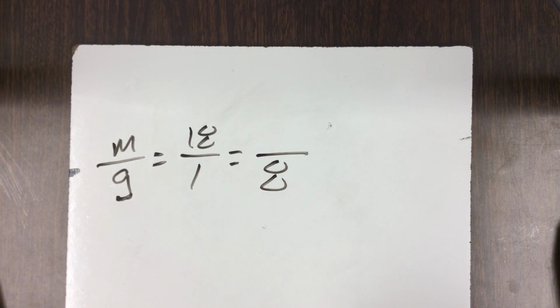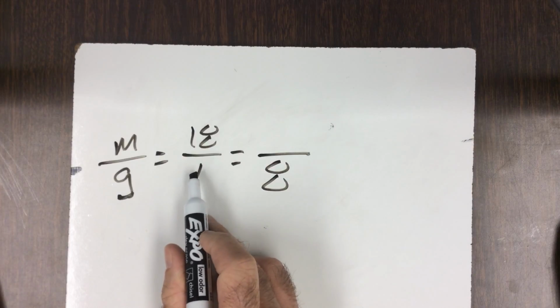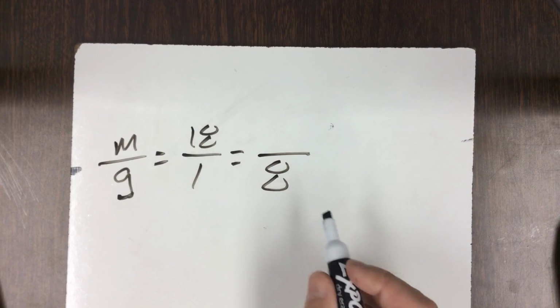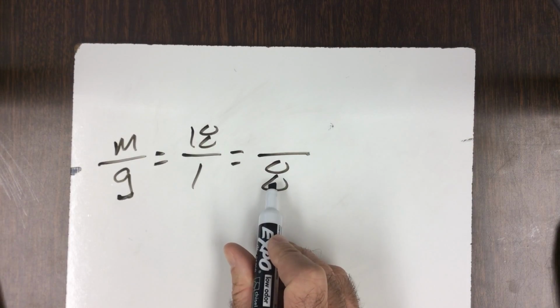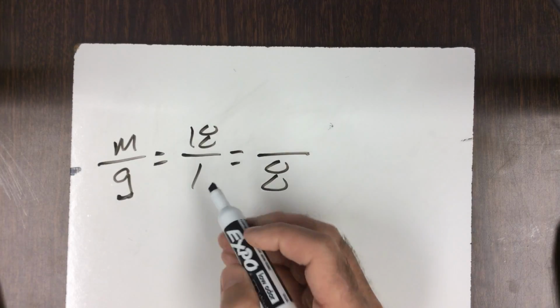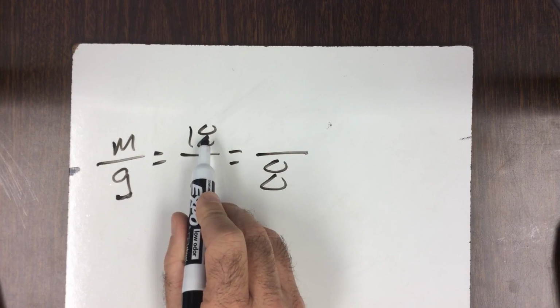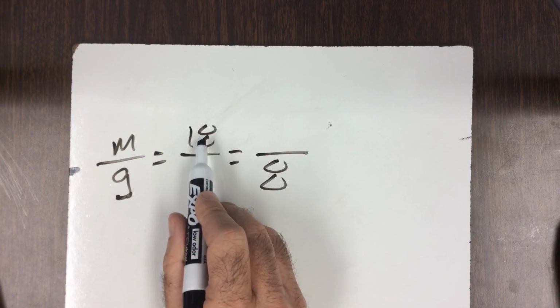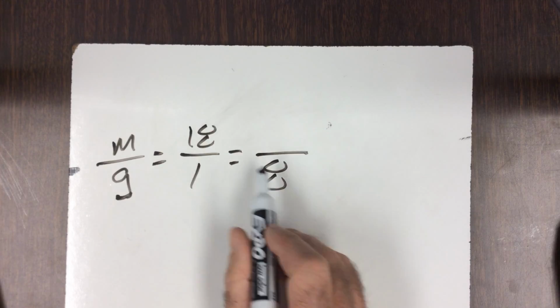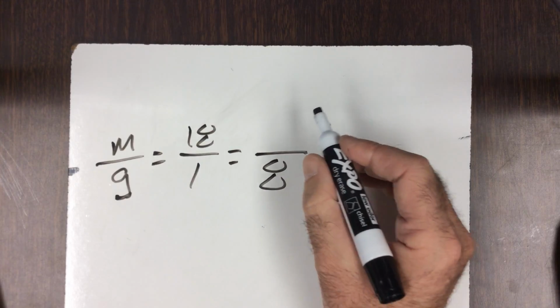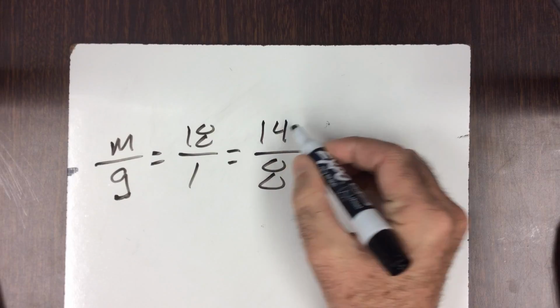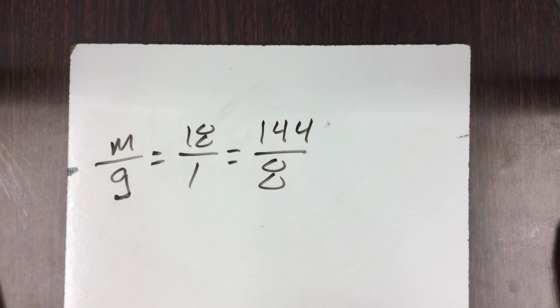This is a pretty straightforward one too, obviously because there's a 1 over here, and 1 times 8 is 8. So we could just multiply 18 times 8, I think that would be the easiest way to do it. 18 times 8 is going to give you 144 miles.